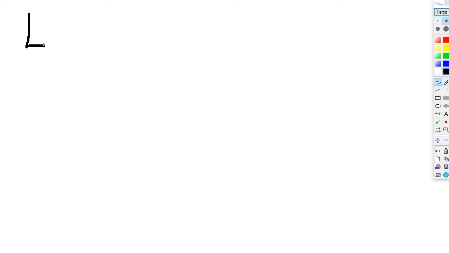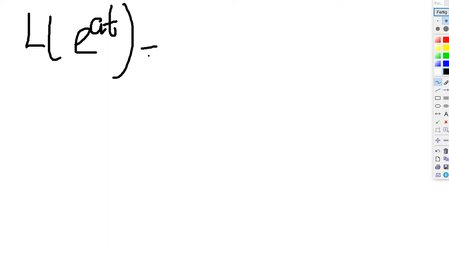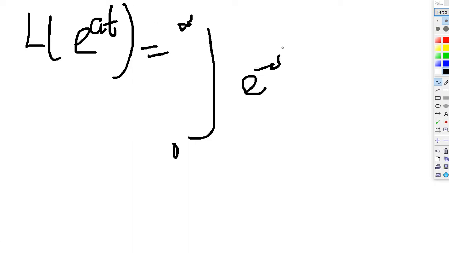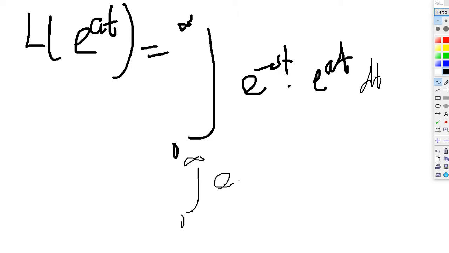For the exponential function, the Laplace transform of e to the power at, where a is any constant and t is the variable, equals the integral from 0 to infinity of e to the power minus st times e to the power at dt. Let's rearrange: the integral from 0 to infinity of e to the power (a minus s)t dt. This is an exponential function with the constant a minus s.